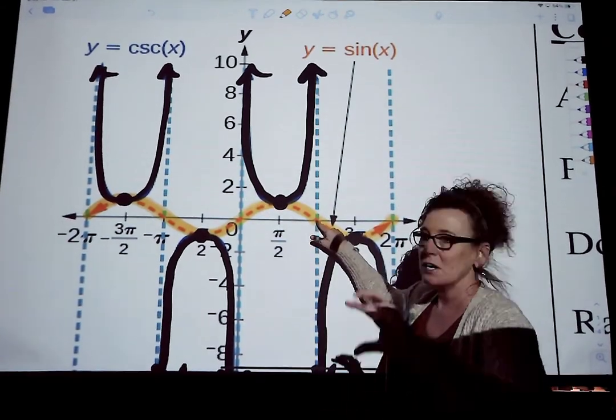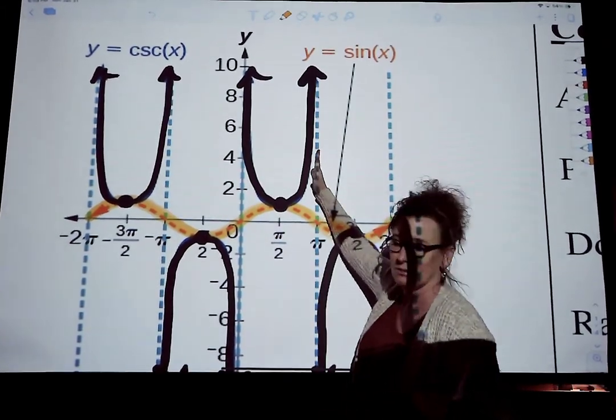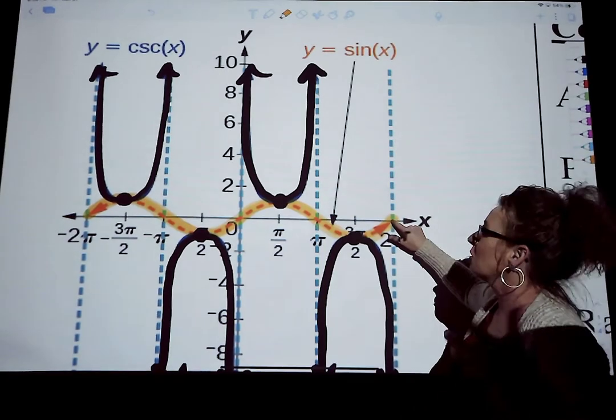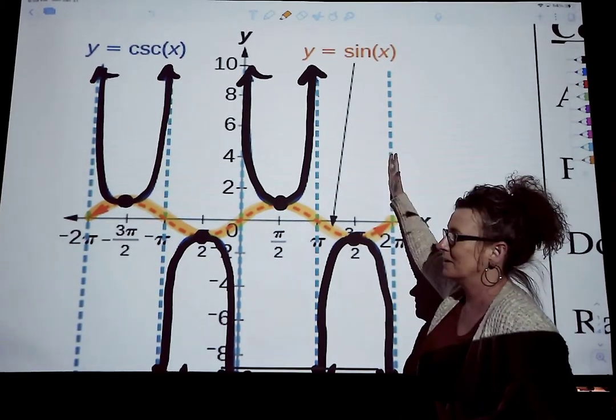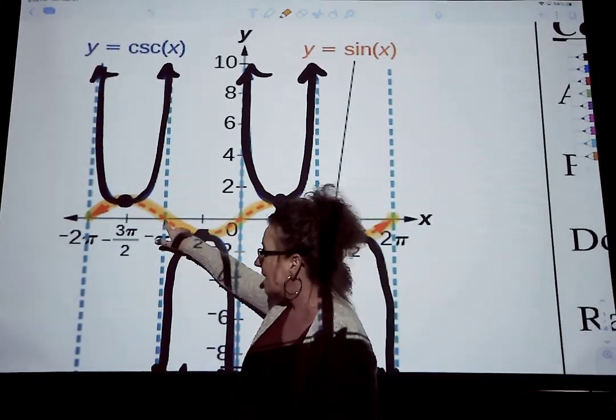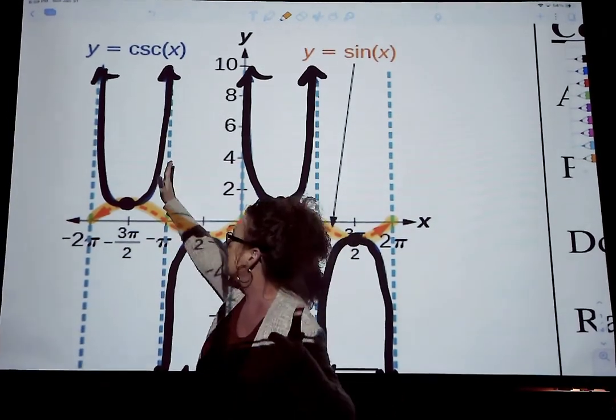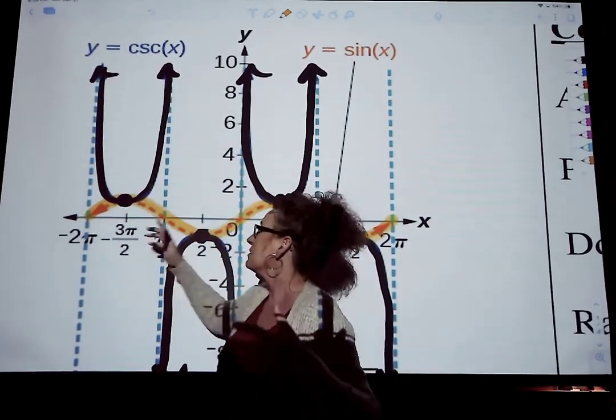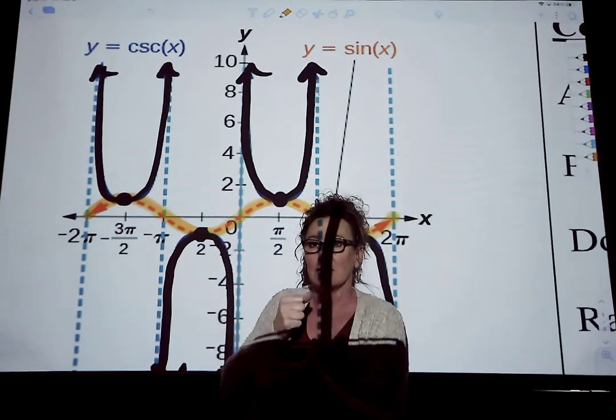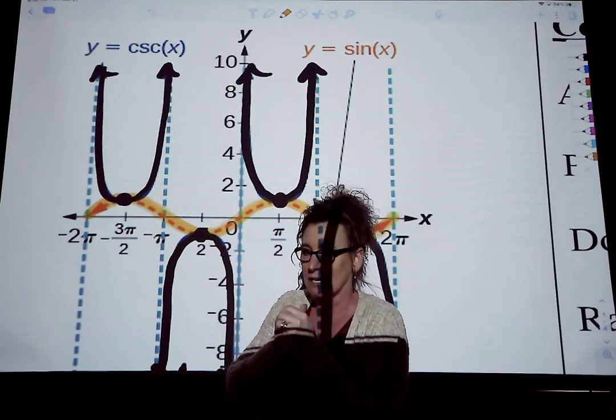Sine is 0, upside down, asymptote. Every single time. So every time sine is 0, you turn that upside down, it creates an asymptote for cosecant.